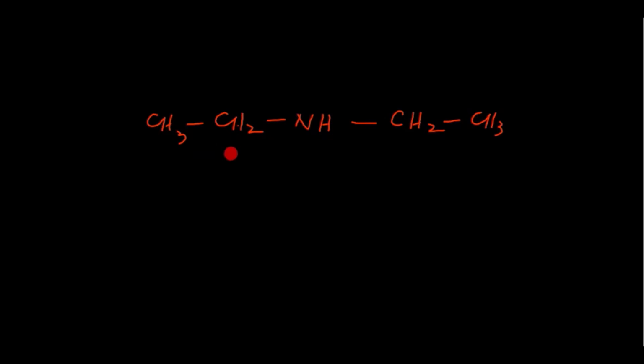So what is the name of this radical? Ethyl. N-ethyl aminoethane. So write the IUPAC name to this molecule, students. It would be N-ethyl aminoethane. Whole name is written as one word.